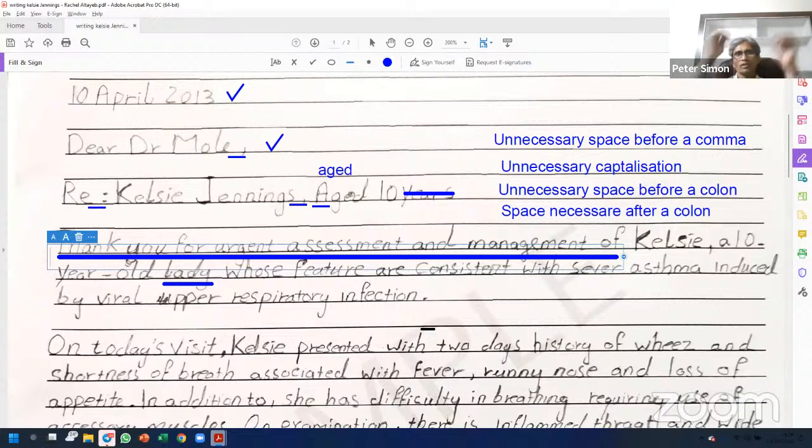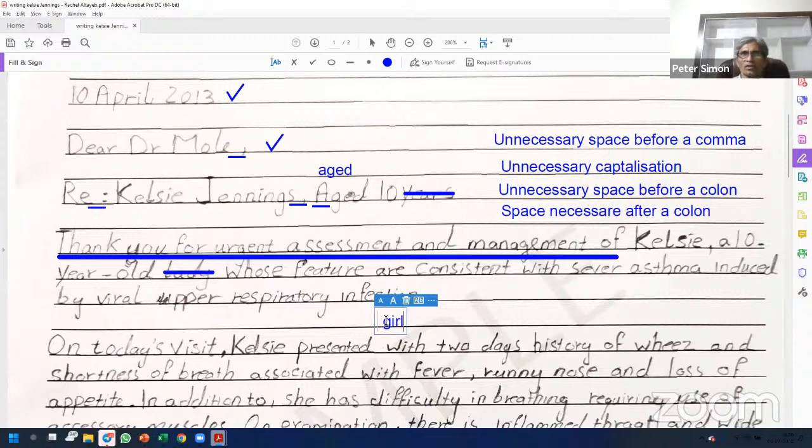So you have to improve the quality there. How you have to do it is start with Kelsie, a 10-year-old girl, a child, a girl.